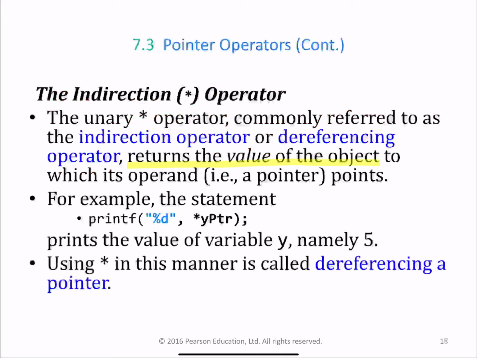Now, we still haven't used the pointer variable to do anything yet. That comes next. To use the pointer variable to access the value of the variable it's pointing at, whose address it contains, we use the indirection operator, that asterisk.